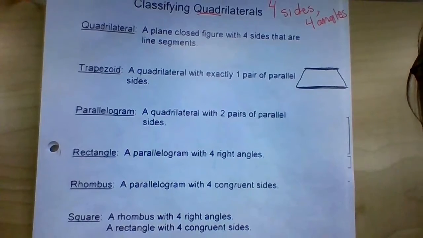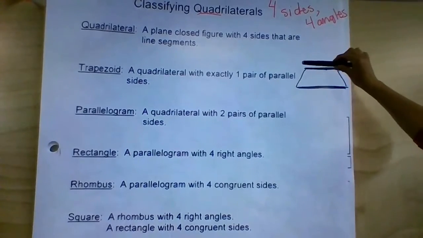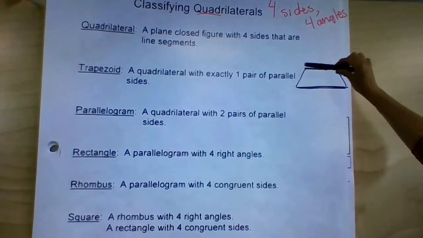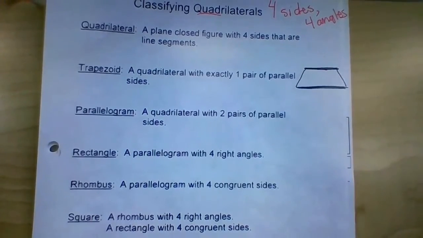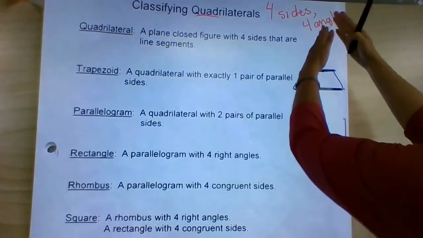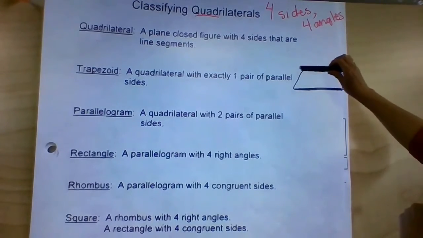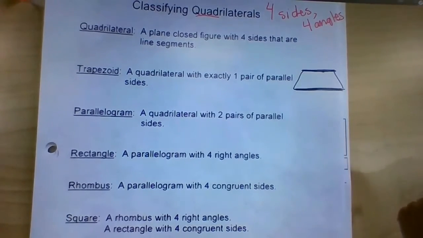But the definition we are going to use for this year, 5th grade, is where there's exactly one pair of parallel sides. So this line and this line, that is the one pair of parallel sides. They will never intersect. If you look at these two lines here, though, if these lines go on and on forever, will they crash and intersect? They will. So this is the one pair of parallel sides, okay?